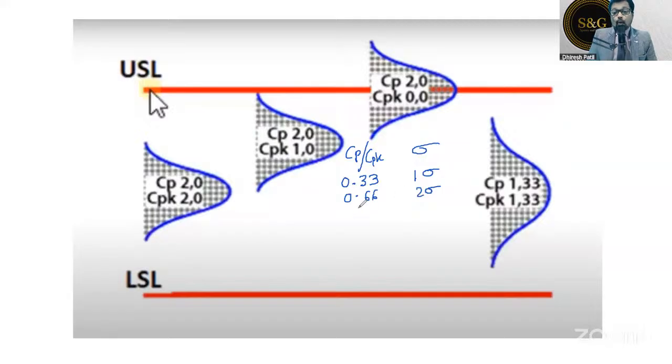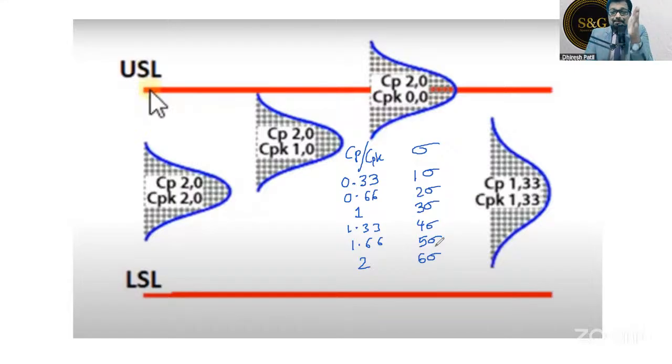If it is 1, then it is a 3 sigma process. When it is 1.33, it is a 4 sigma process. When it is 1.66, it is a 5 sigma process. When my Cpk value becomes 2, it is a 6 sigma process, and so on and so forth. If it is 2.33, it is 7 sigma, 2.66, 8 sigma, 3, it becomes 9 sigma.